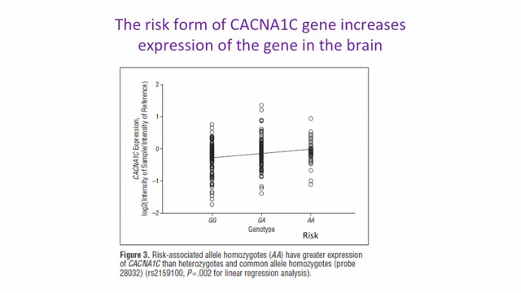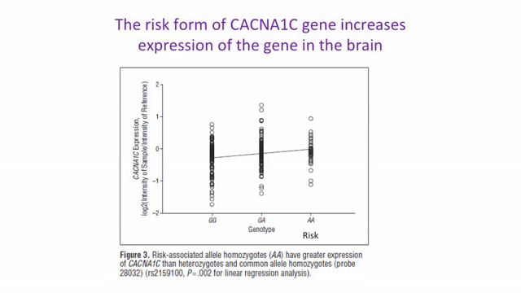You can see that slightly but significantly, the people with the risk form of the gene are making more of this protein in the brain, particularly in the part of the brain I was talking about earlier on. So the hypothesis that the genetic variant has its effect by changing expression of the gene is supported by data like this.